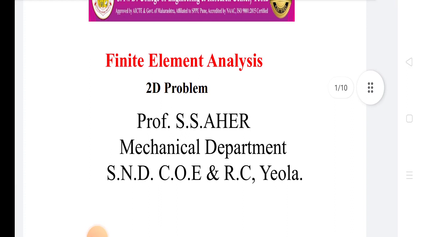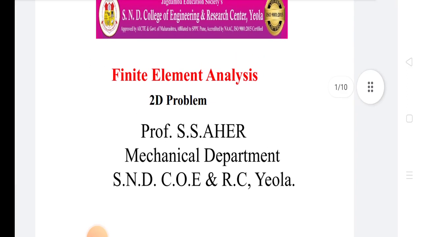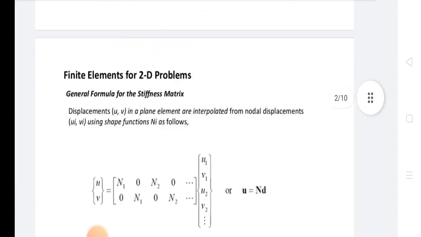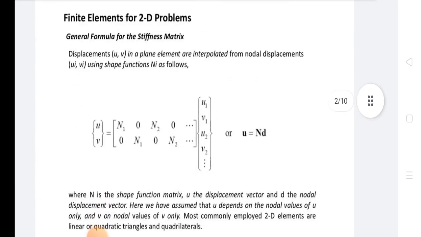Iyer. Today we discuss the 2D problem in finite element analysis. In finite element analysis, the 2D problem, general formula for the stiffness matrix: displacements u, v in a plane element are interpolated from nodal displacements ui, vi using shape functions Ni as follows.